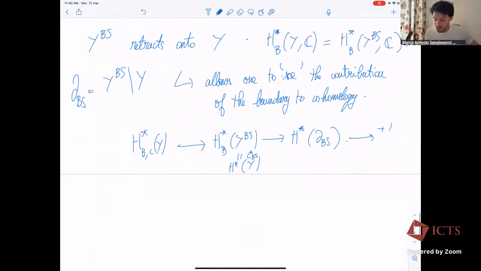Okay, so this allows you to examine what the contribution of the cohomology of the boundary is to the cohomology of Y, which is sort of the crucial point when you're trying to study Eisenstein classes.